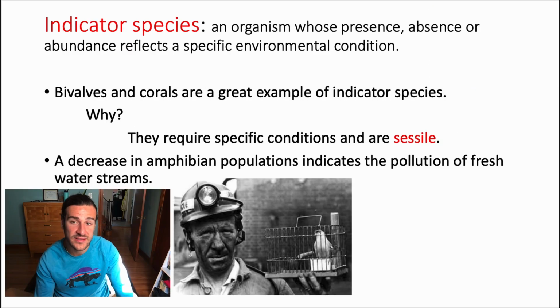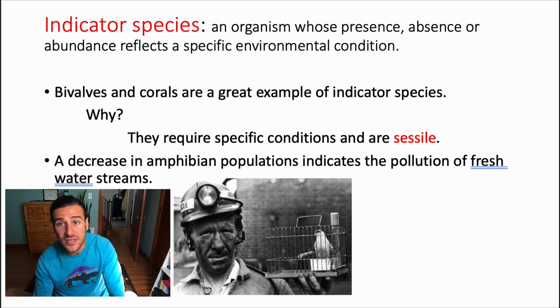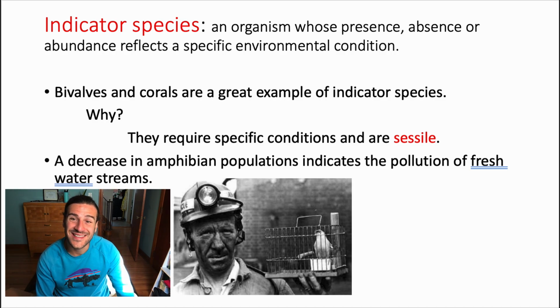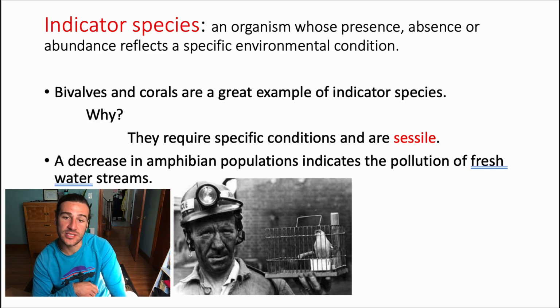And this is pretty alarming, and we can actually use calcium carbonate forming organisms as an indicator species. What exactly is an indicator species? Well, an indicator species is an organism whose presence, absence, or abundance shows some type of environmental condition, right?